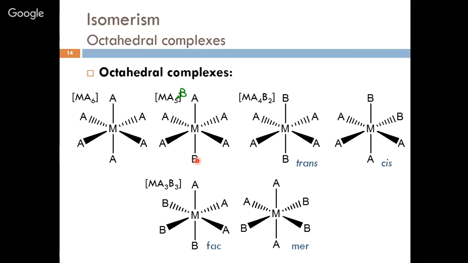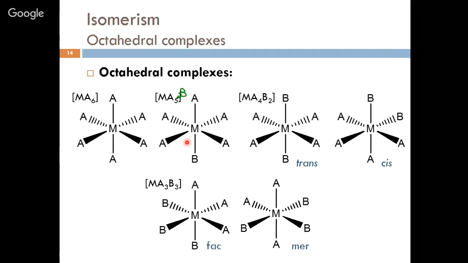If we have a B ligand in what's really sort of an axial position, then that would be distinct from having a B ligand in this more equatorial position. Functionally, they're the same. They're not actually isomers of each other, but there are distinctions to the different locations.